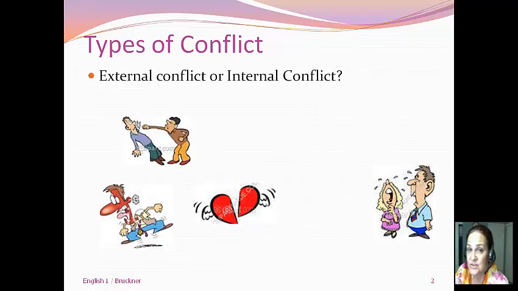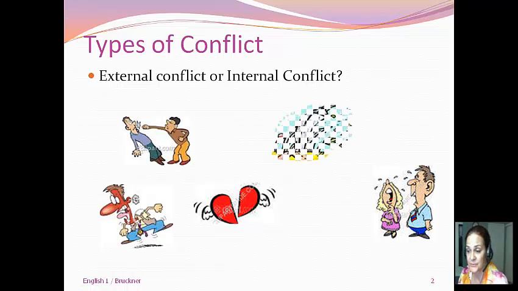So there's an external conflict there. But then you have the lady crying, so that indicates internal conflict for her. So you have both kinds here. And of course, an external conflict, people versus nature, some kind of strong wind or hurricane.